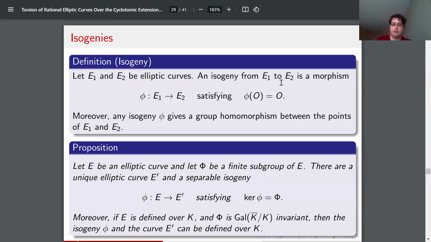The converse is also true. So if E is an elliptic curve and large Phi is a finite subgroup of E, then there's a unique elliptic curve E prime and a unique separable isogeny, which doesn't mean that much. If the field characteristic is 0, it's just any isogeny. I think in your slide, you wanted to say that it's a surjective morphism.